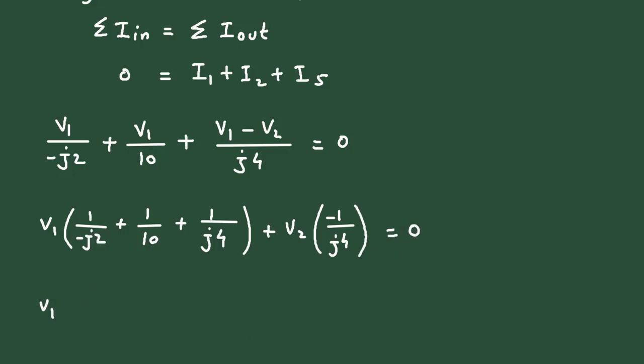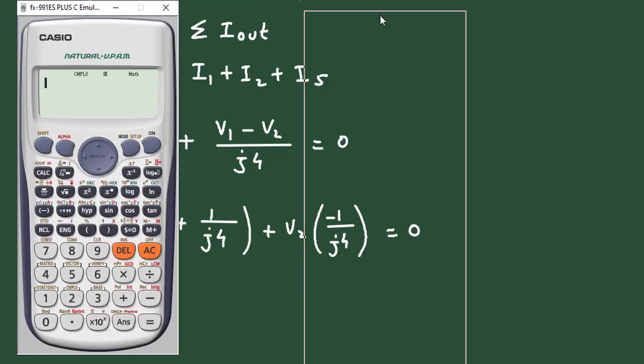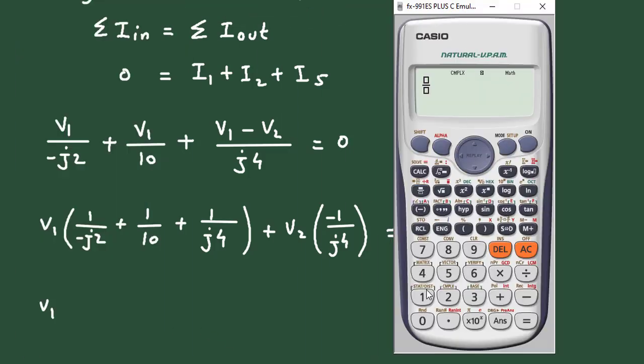Let's simplify this: 1 upon minus J into 2 plus 1 upon 10 plus 1 upon J into 4.